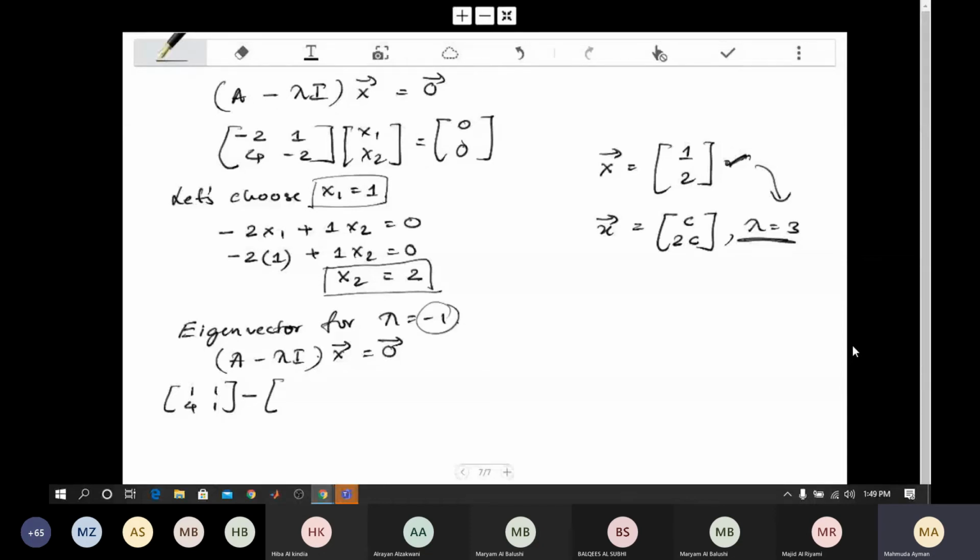So if we put in the identity matrix, we'll have here minus 1, 0, 0, minus 1. And this here is equal to, or should I do it at once? Okay, let me write it at once here.